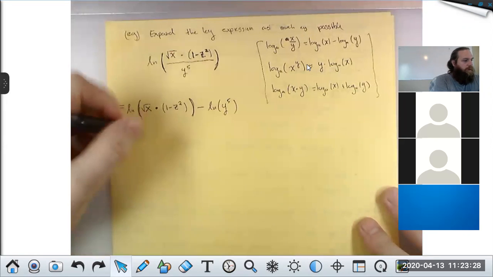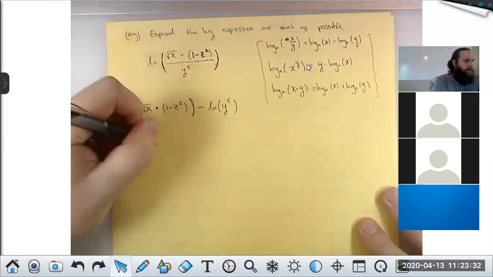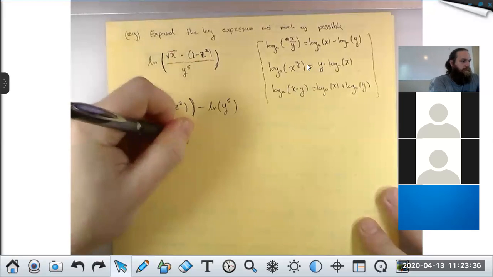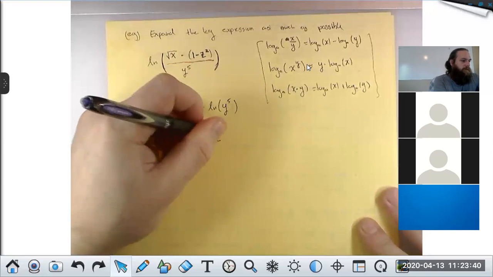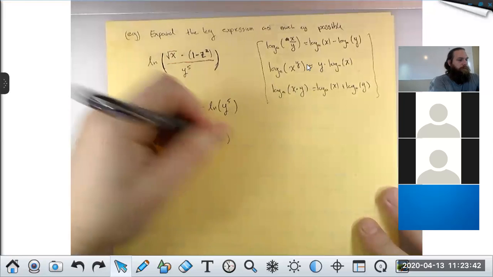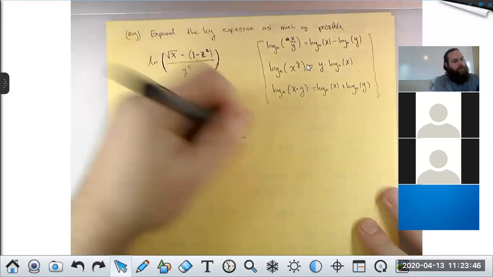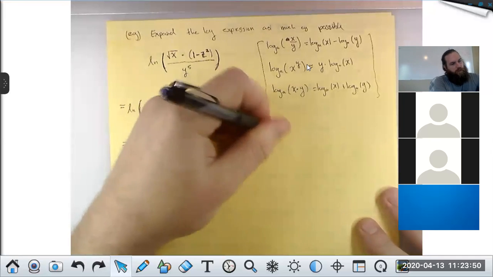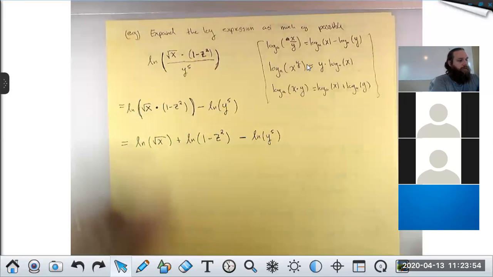So the ln of square root x times 1 minus z squared is the same as the ln of the square root of x plus the ln of 1 minus z squared. And then I still have this minus ln y to the fifth hanging out.